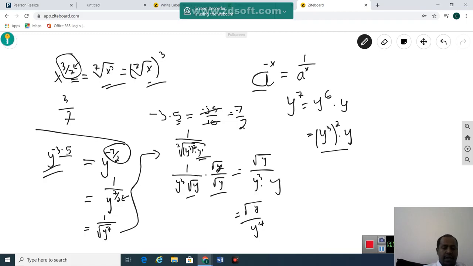Then I changed the negative rational exponent to a positive one by taking the reciprocal. It will be 1 over y to the power of 7 over 2. And then I changed the rational exponent to radical form. After that, I simplified the expression. Then finally, I got this one.